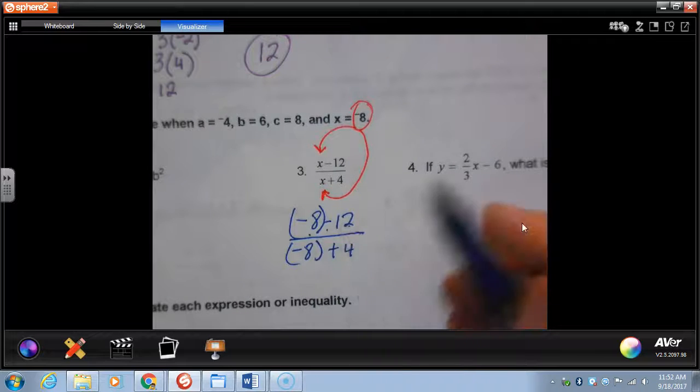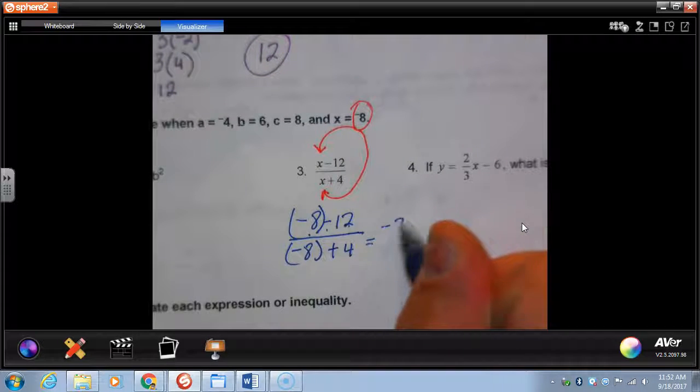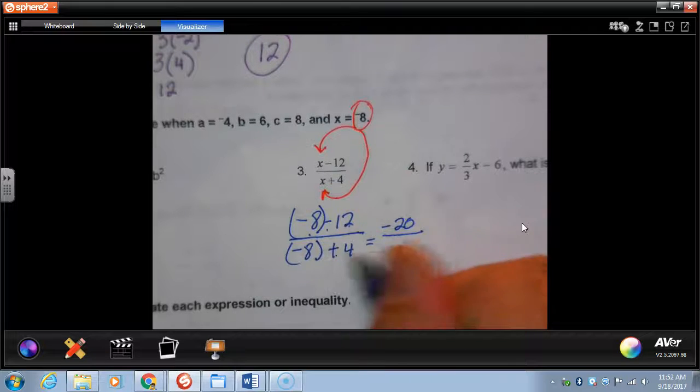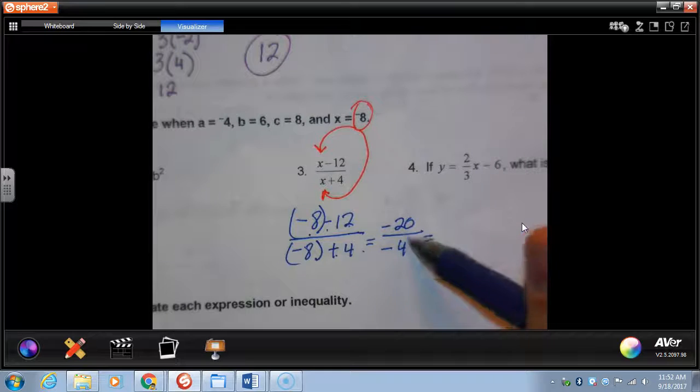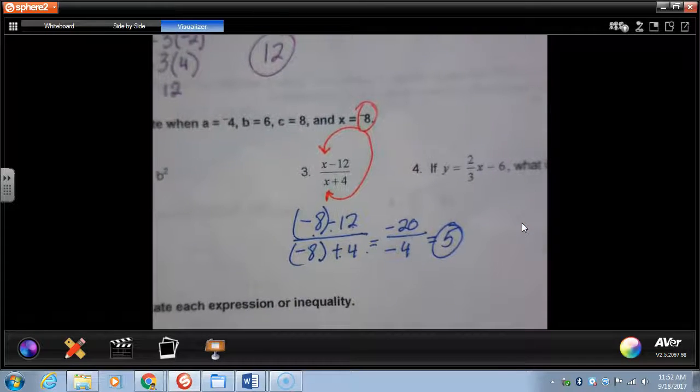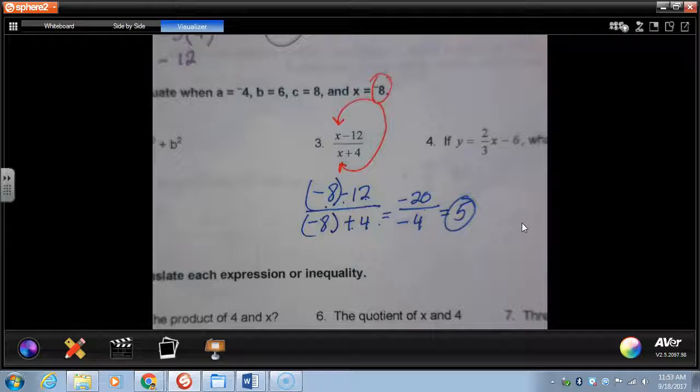Negative 8 minus 12 is negative 20. Negative 8 plus 4 is negative 4. Negative 20 divided by negative 4 is positive 5. Don't believe me? Put it in your calculator.